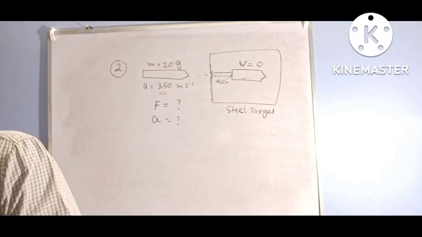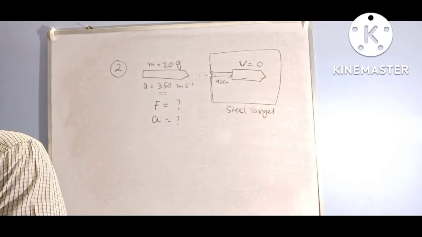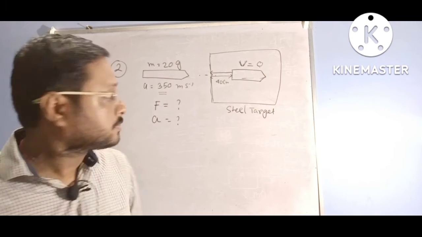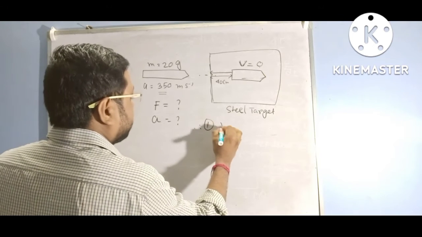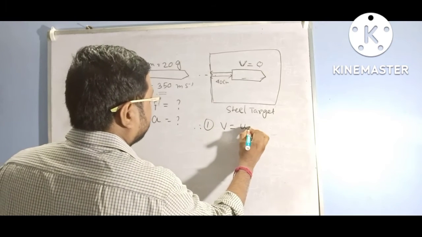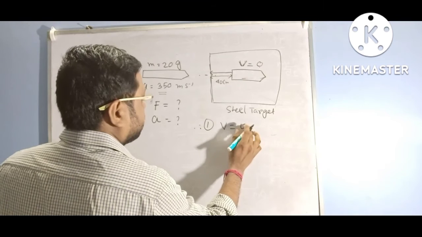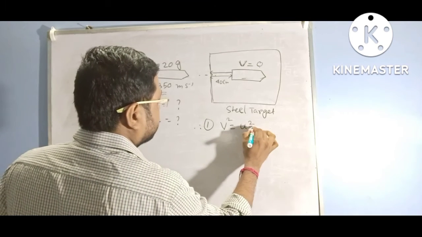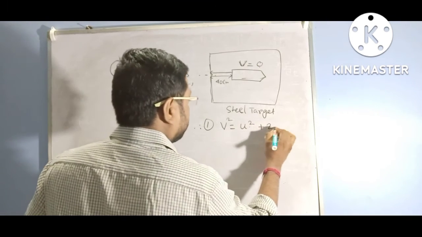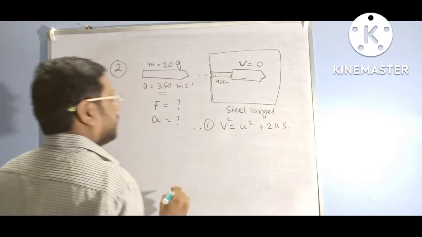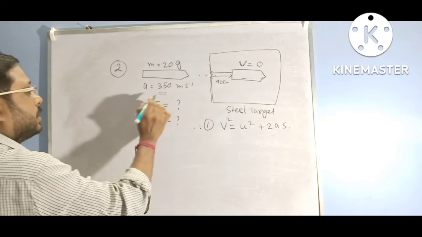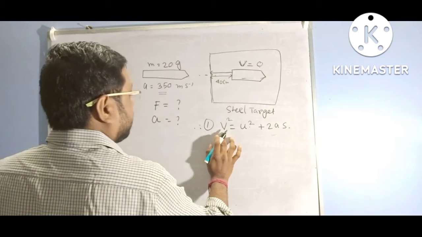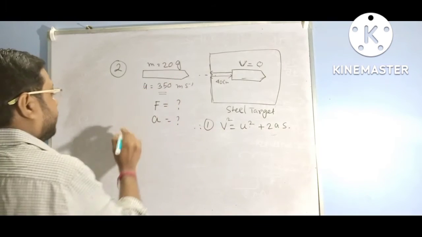How can we solve it? We know from the laws of equation, V square equal to U square plus 2AS. Now V equal to 0, M equal to 20 gram.